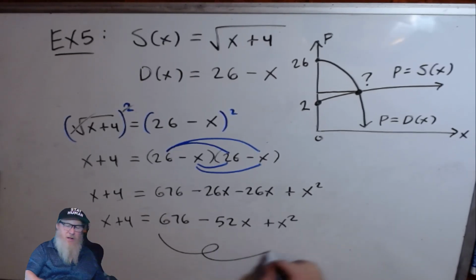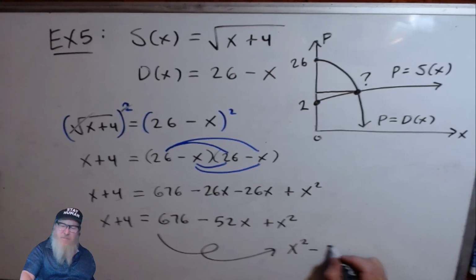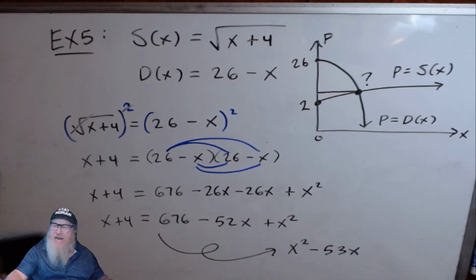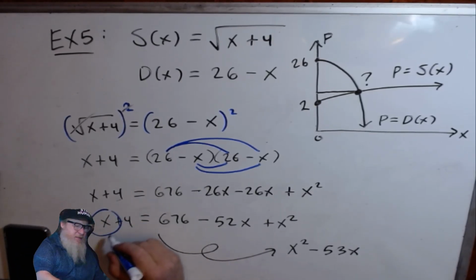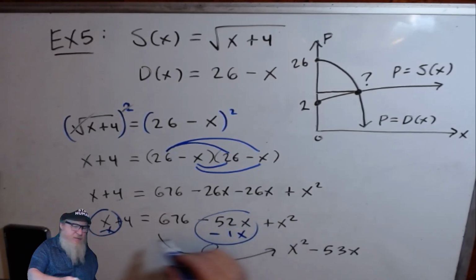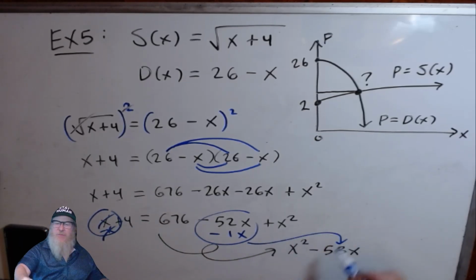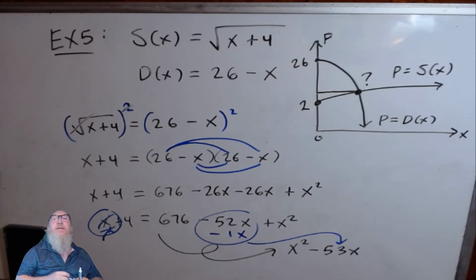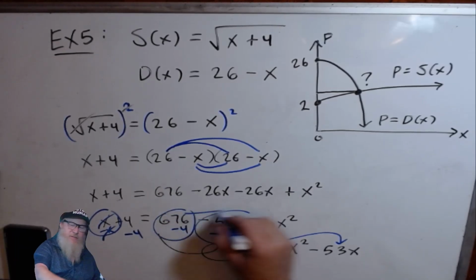Now let's put all of this in standard order. x squared minus 53x. How did I get that so quickly? I subtracted 1x from both sides. So that becomes 53x. I'm also going to subtract 4 from both sides.